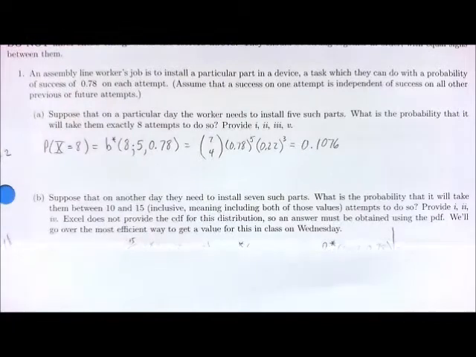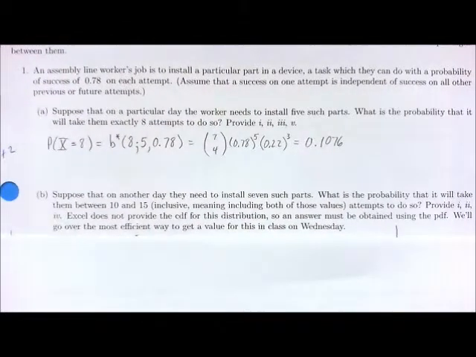Moving to the next one down here, we still have the same scenario in terms of the worker and the parts being installed and the probability of a success, but this time they need to install 7 parts, and we want to know the probability it will take them between 10 and 15 attempts.